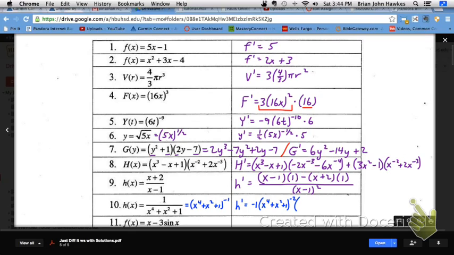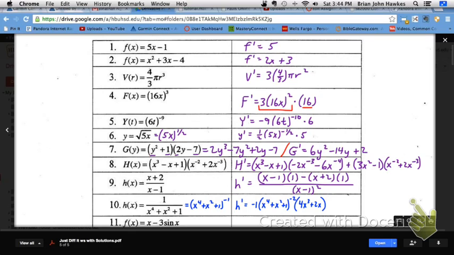So I had the derivative of the outside, and the derivative of the inside is the derivative of x to the fourth, which is 4x cubed, and then plus 2x. And the derivative of 1 is 0, so we are done with that problem. Of course, there's obviously other ways to show that answer.